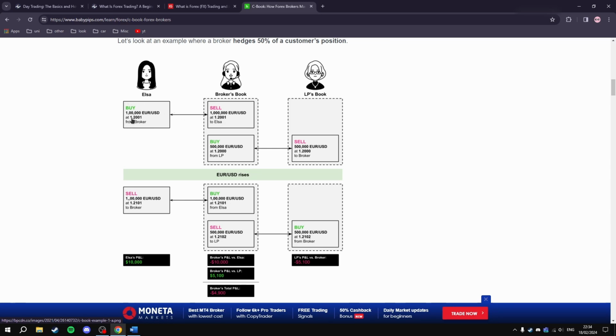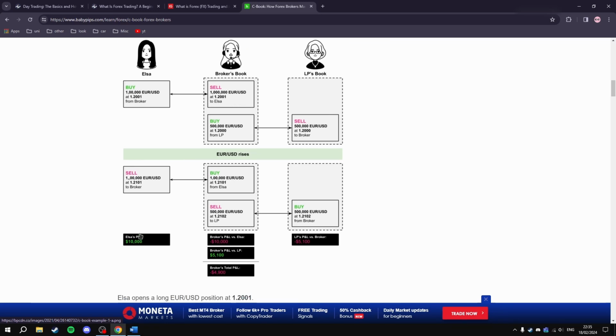The broker hedges half of that, 500,000. Euro USD rises, Elsa's profit makes 10,000, the broker loses 4,900, and the liquidity provider also loses 5,100. I think there's a typo here again.